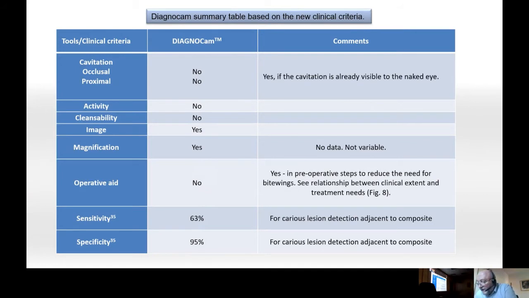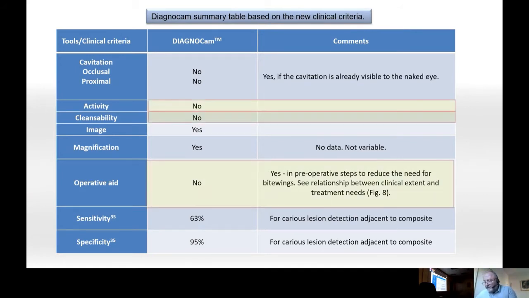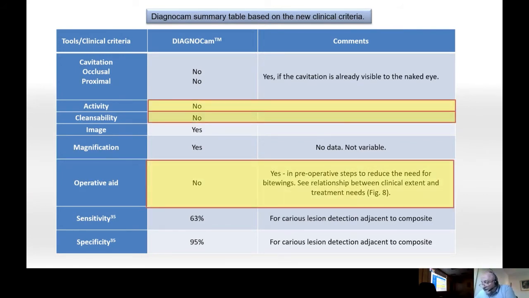DIAGNOcam transillumination at this time failed to assess the caries activity, the caries diagnosis, and the cleansability, and doesn't help in operative step. However, it helps to reduce the X-ray radiation exposition and give nice information on the proximal lesion's caries volume and position.